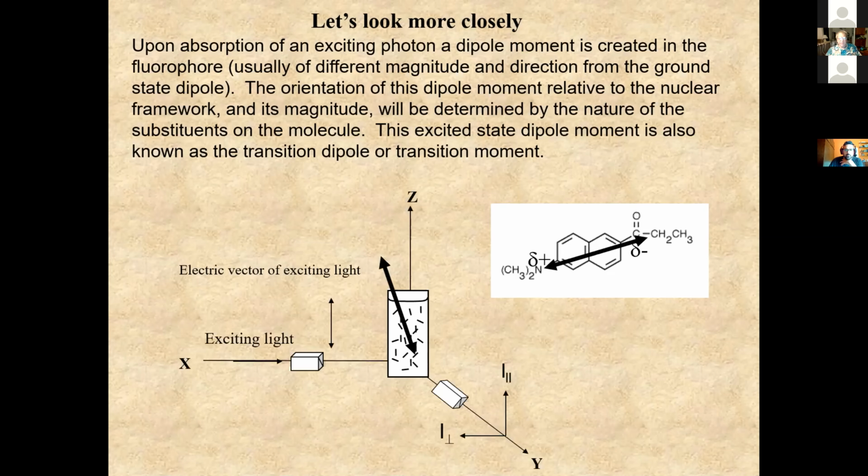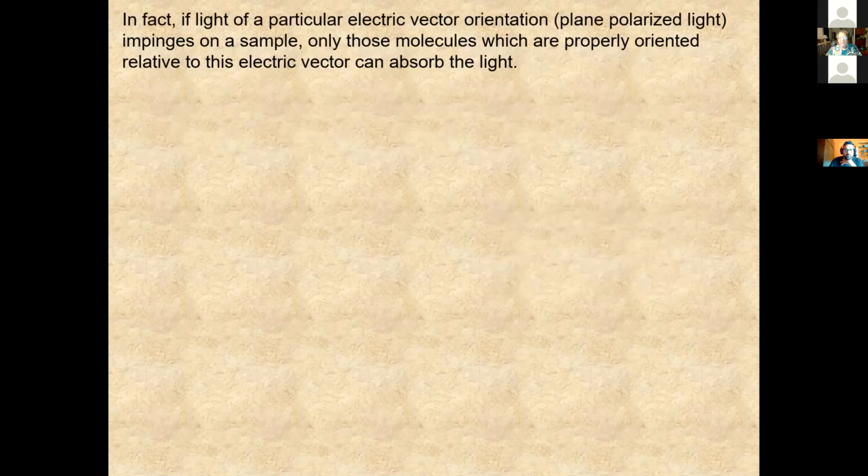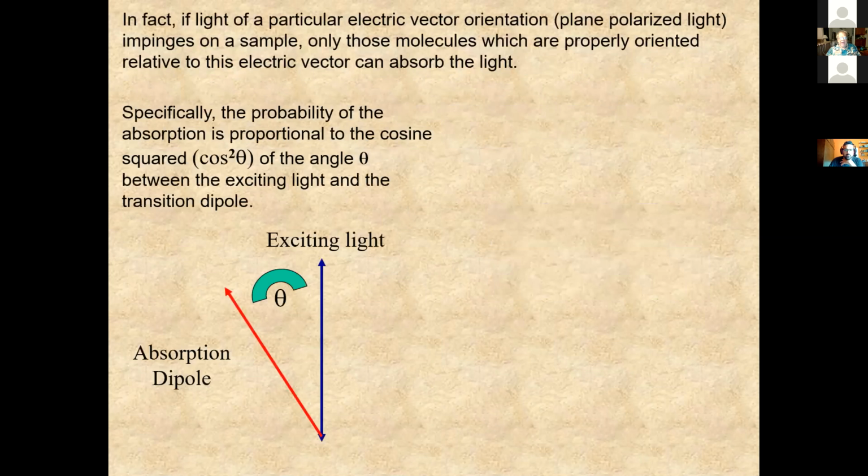So when we're exciting with vertically polarized light, in this case, we excite molecules that are more or less lined up with that direction. What do I mean by more or less? Well, the probability of absorption depends, of course, on the extinction coefficient of the molecule, but it is also proportional to the cosine squared of the angle between the exciting light and the transition dipole.